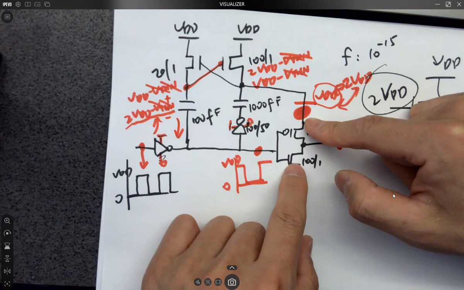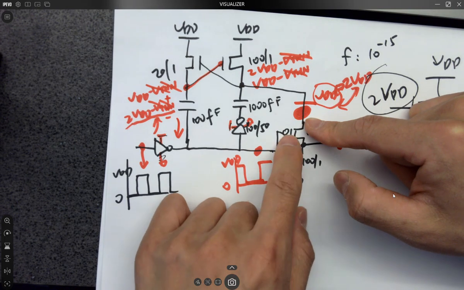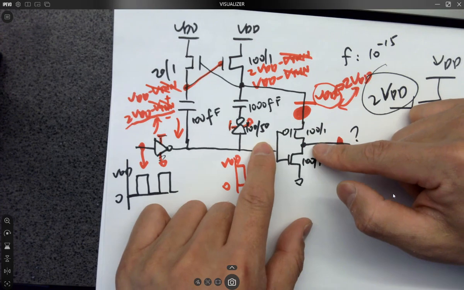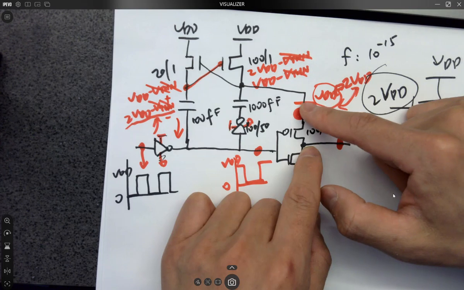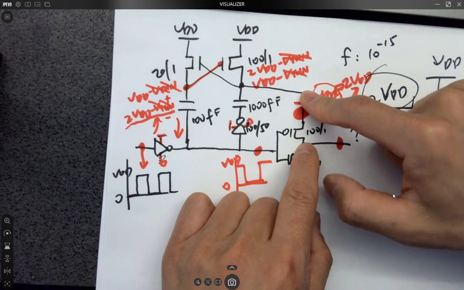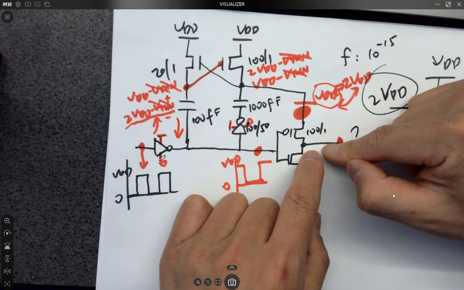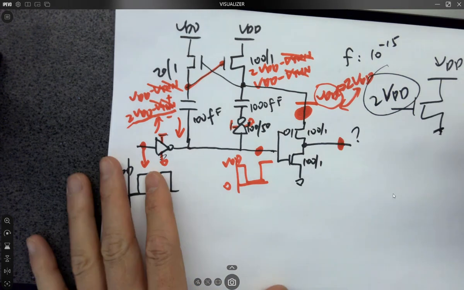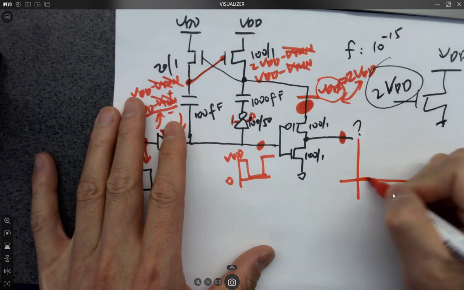PMOS is on, NMOS is off. If this is 0, NMOS is off, PMOS is on. PMOS is on, it's pulling this output pin up to the source of the PMOS. So what's the voltage at the source of the PMOS? 2 VDD. So what's the voltage here? 2 VDD, right? So eventually the output is going to oscillate from where to where? Yep.